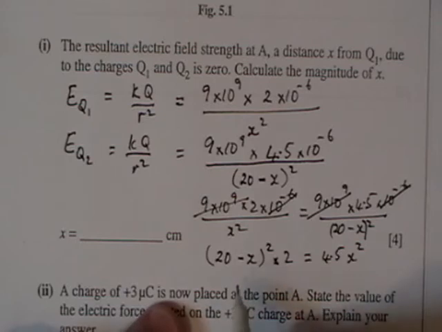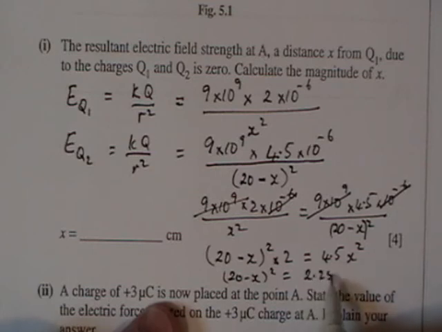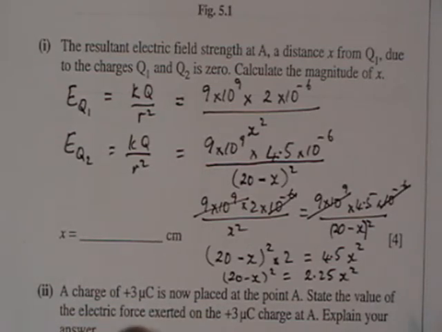Before taking the square root, it's better to write 20 minus x all squared is equal to 4.5 divided by 2, which is 2.25, times x squared.